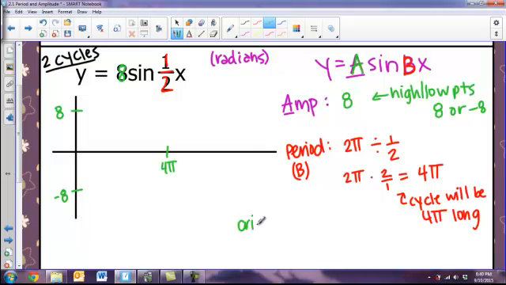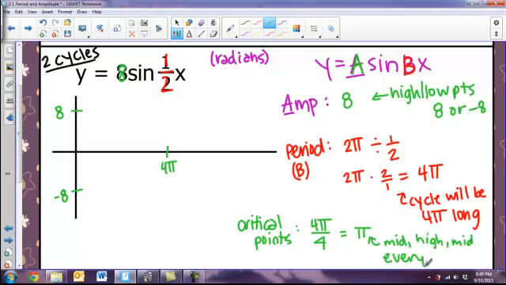So to find those critical points, I'm going to take my period, which we just said was 4 pi, and divide it by 4 because there's 4 critical points in between on each of these, which tells me that I'm going to have some sort of special value, a mid, a high, a mid, etc. every pi radians.